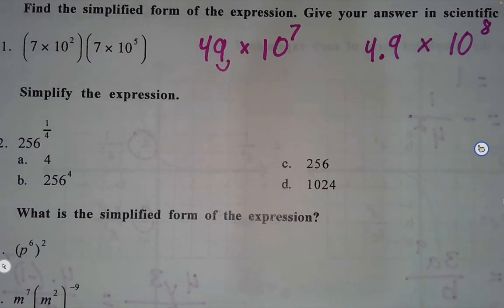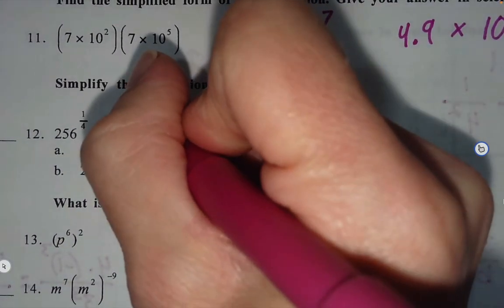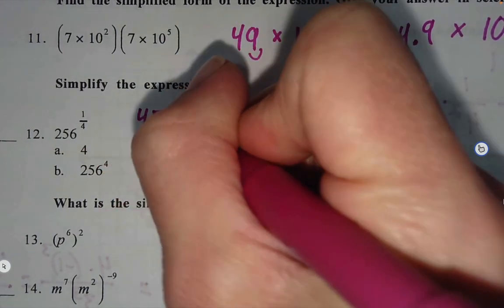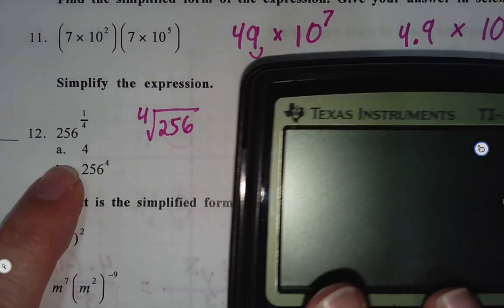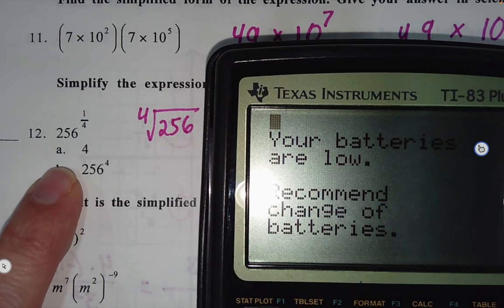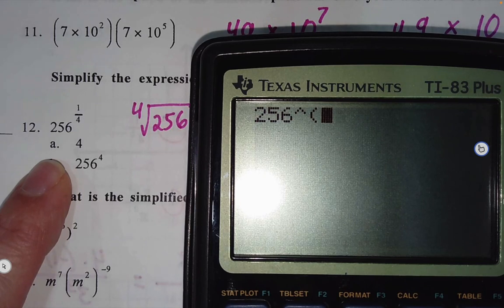256 to the 1/4. Guess what you can do with that? You can just type it in your calculator and find the answer. Now, something that they're going to want you to know for Algebra 2, another way to write that is the 4th root of 256. But, y'all, you can type this in your calculator. Batteries are low. 256 to the 1/4.